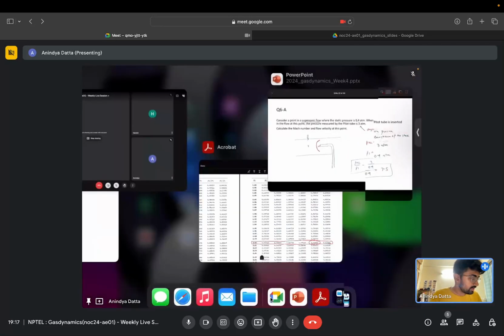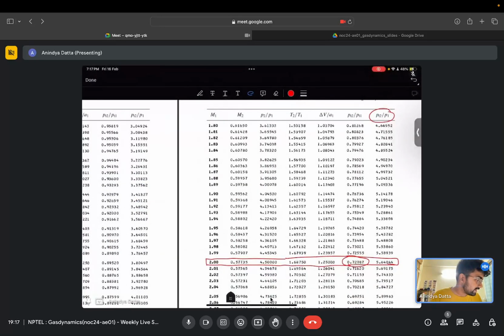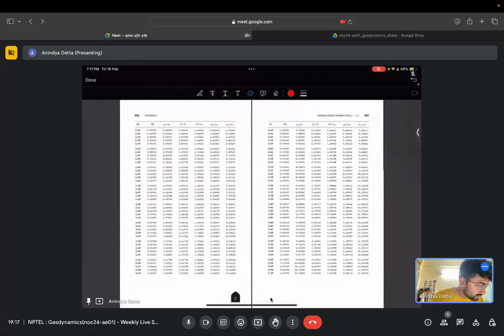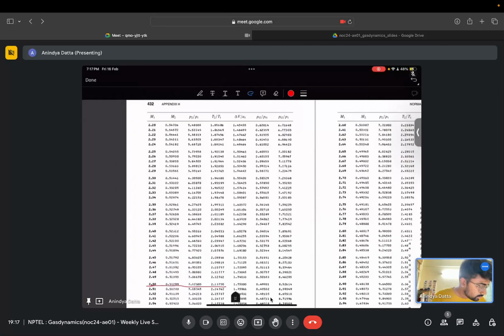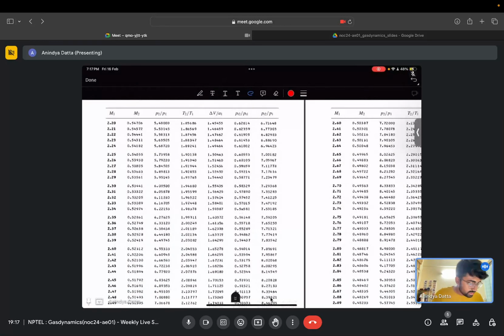So let's look at this column where we get 7.5. We are not getting exactly 7.5, but you can say that it will lie somewhere between these two values.